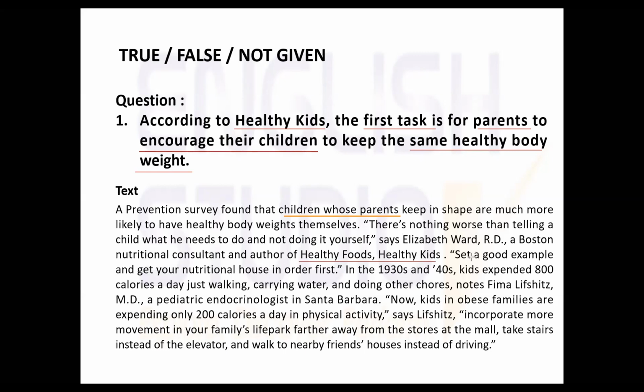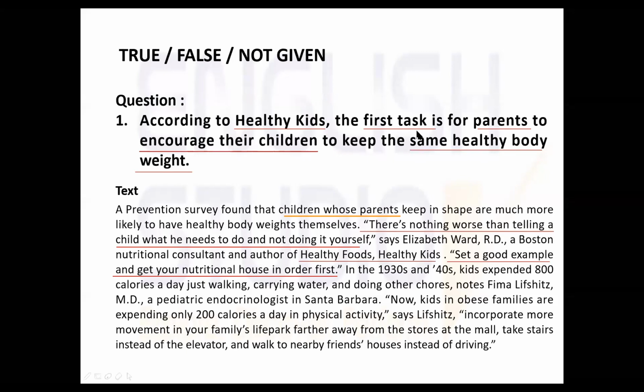Next, it mentions set a good example. Here we have set a good example and get your nutritional house in order first. So it says parents should set a good example and get your nutritional house in order first, rather than encourage your children to keep the same healthy body weight.